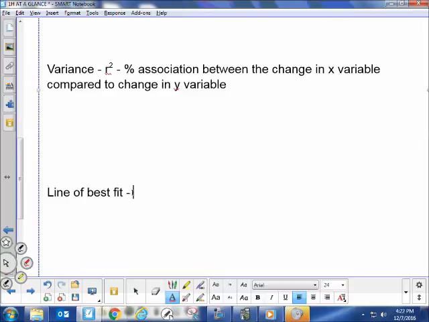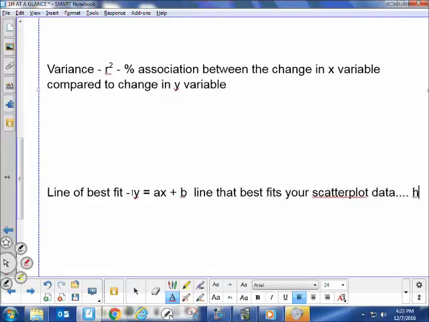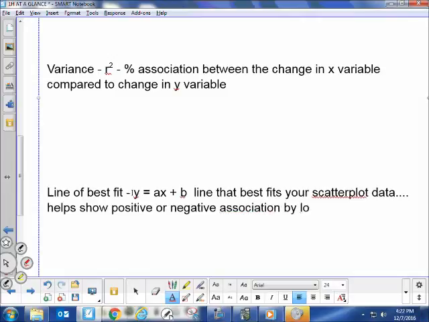Your line of best fit is y equals ax plus b, which is the line that best fits your scatterplot data. It helps show whether you have a positive or negative association by looking at the slope.